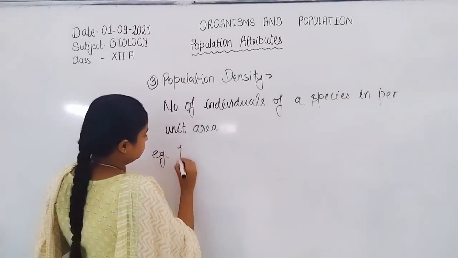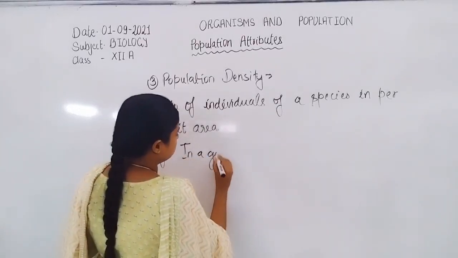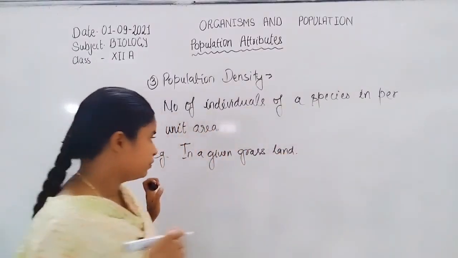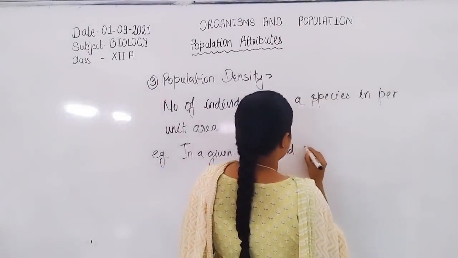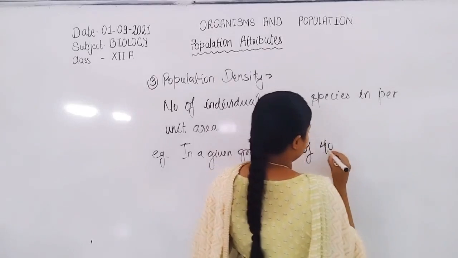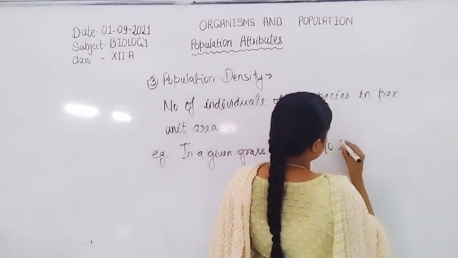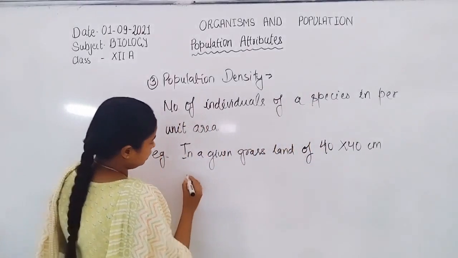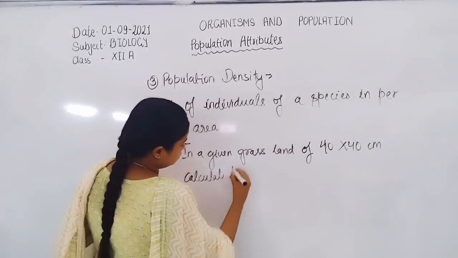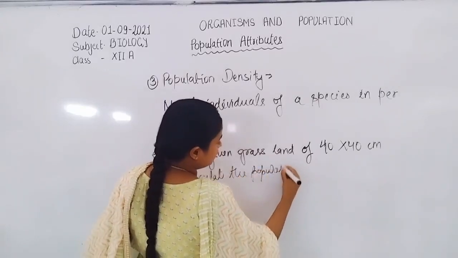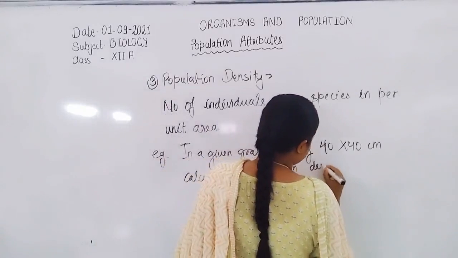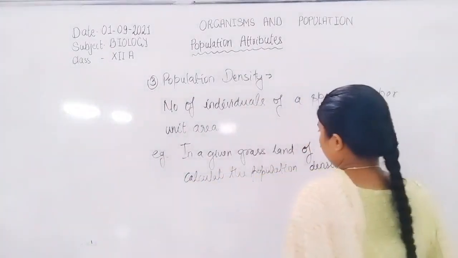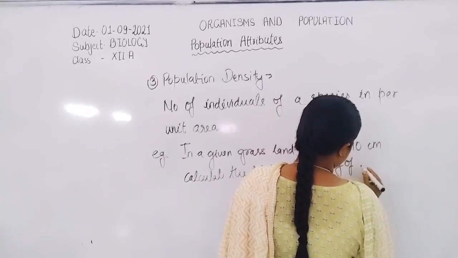In a given grassland of 40 into 40 centimeter, calculate the population density of Parthenium grass.